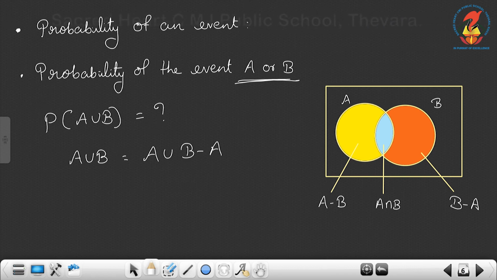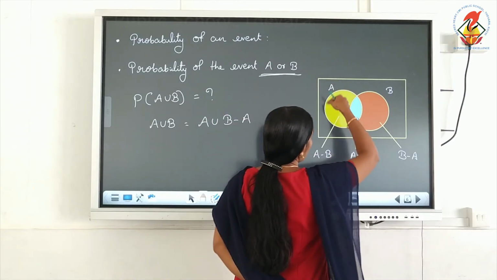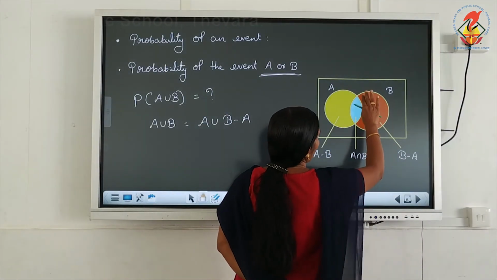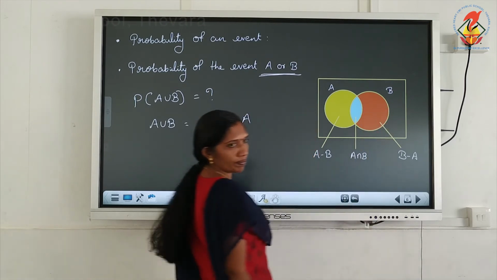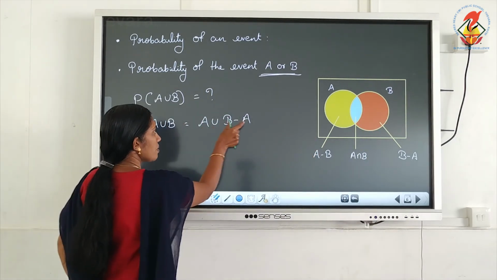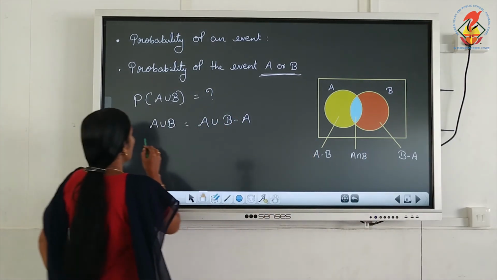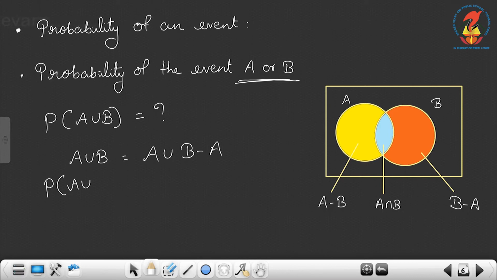Is it correct? And they are mutually exclusive. A means this first circle, and B minus A is this red colored portion. So these two sets are mutually exclusive. Using the axiom, I can write P of A union B as P of A plus P of (B minus A). Equation 1.